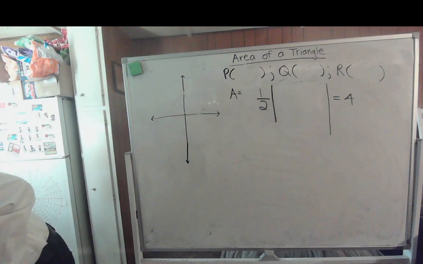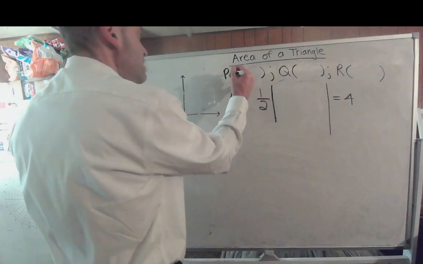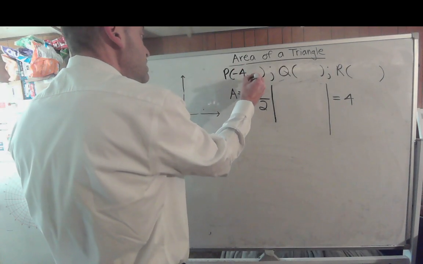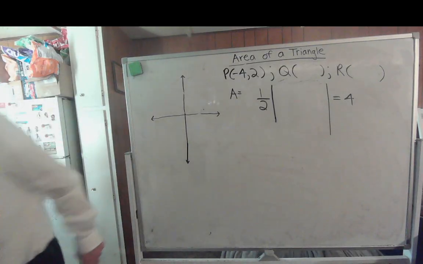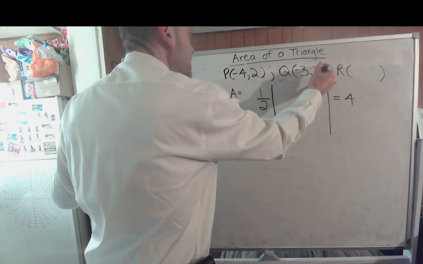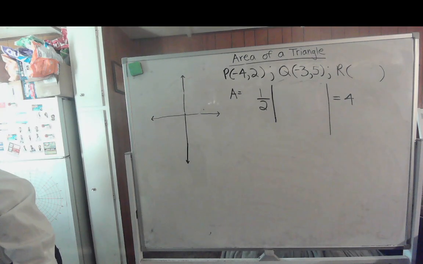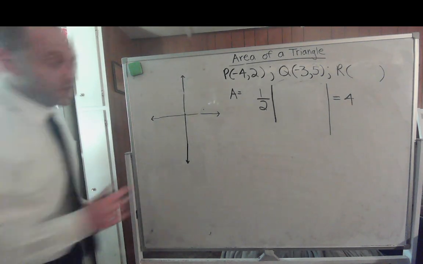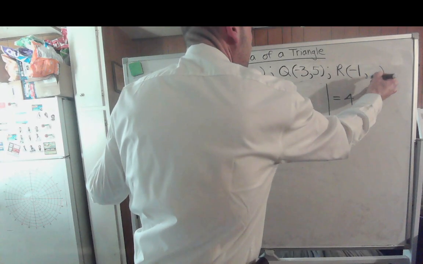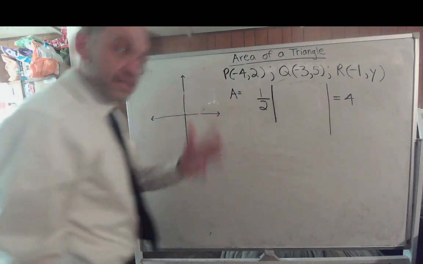So we have -4, 2, -3, 5, and then -1, y. This time we don't know the y coordinate of R, but that's okay.